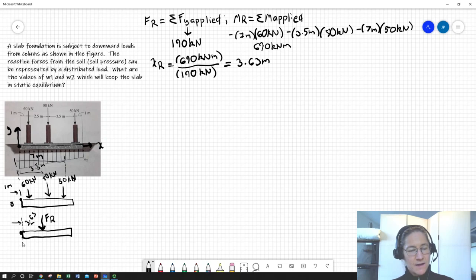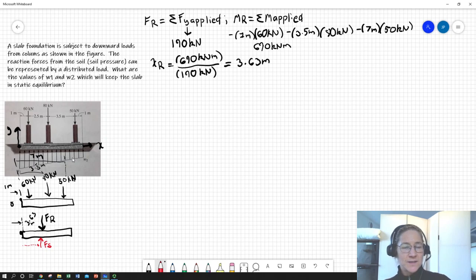So that is going to have to be opposed by, literally, we'll just put this in red, we're going to call it F soil, which is going to have to act at the same effective distance in order to give 0 moment.